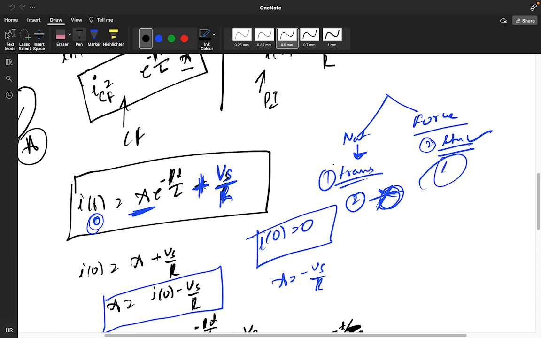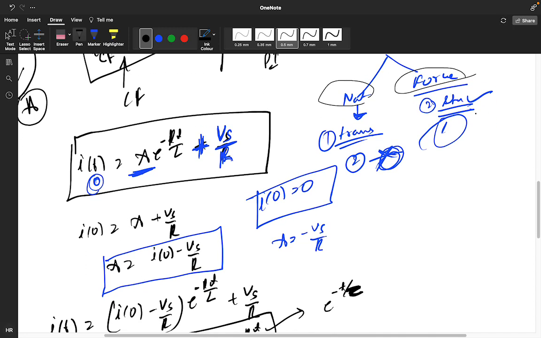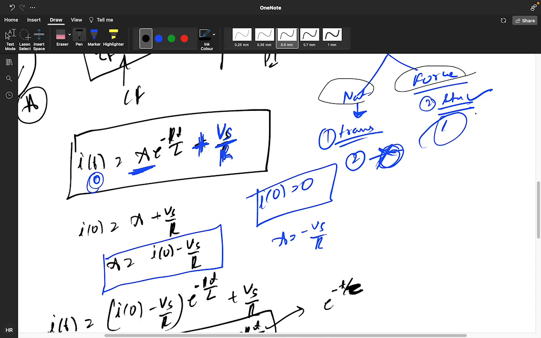The transient response is known as the natural response, and the steady state response is known as the forced response. For the forced response, the input parameter will be there, but for the transient response, the input parameter will not be there.